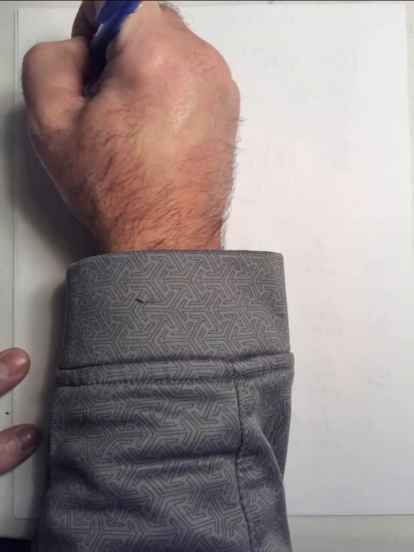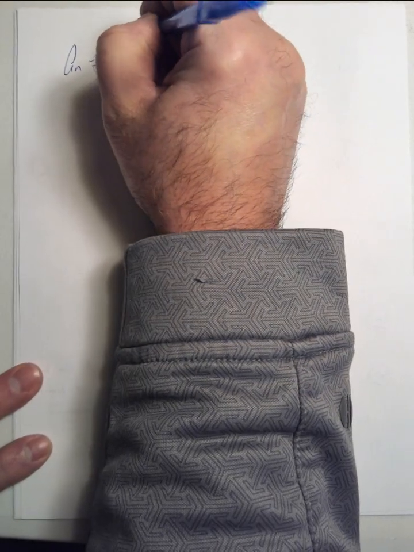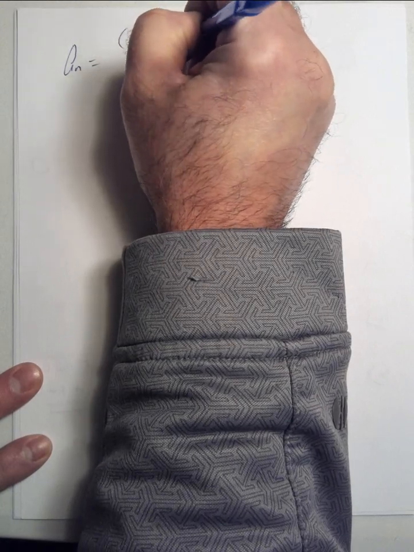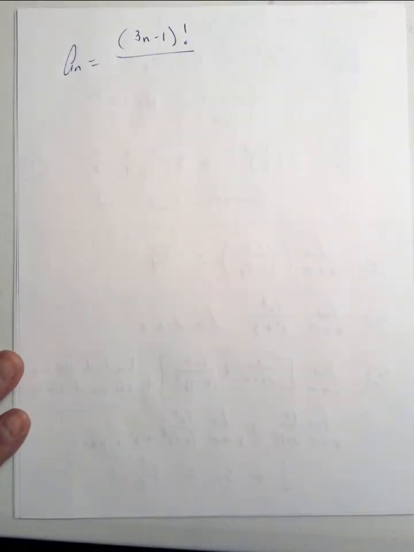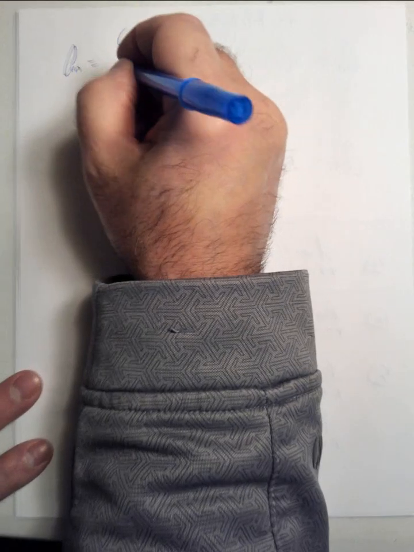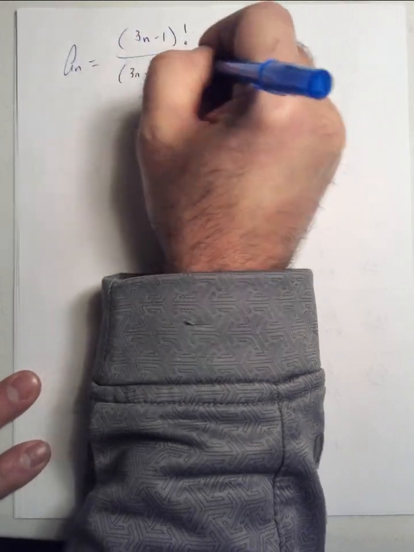Next example. All right. So a sub n equals 3n minus 1 factorial over 3n plus 1 factorial.